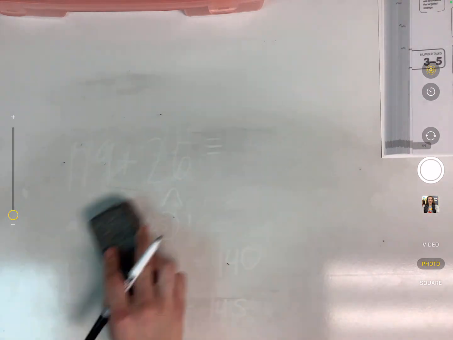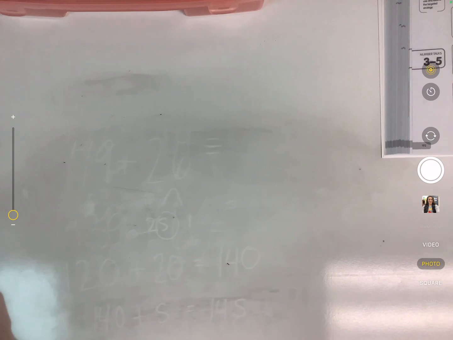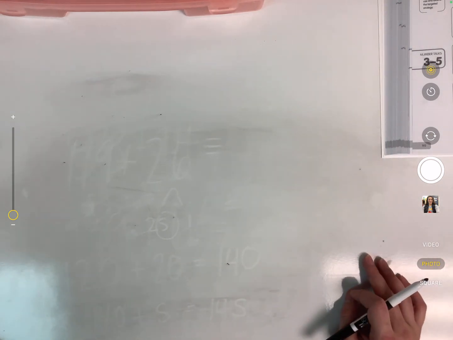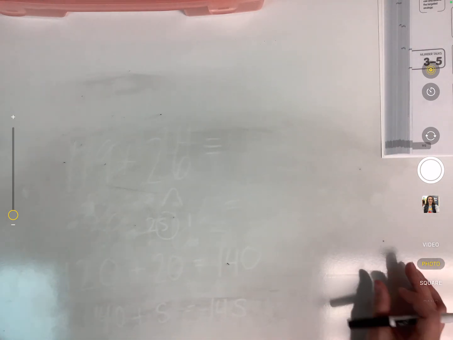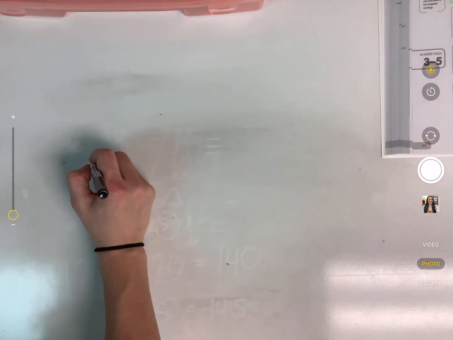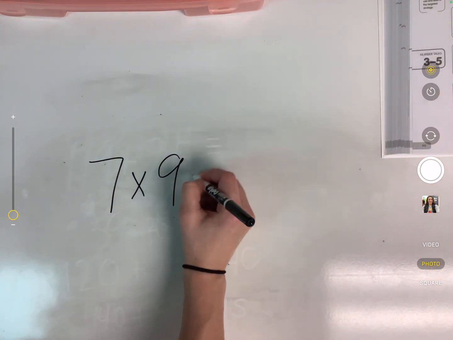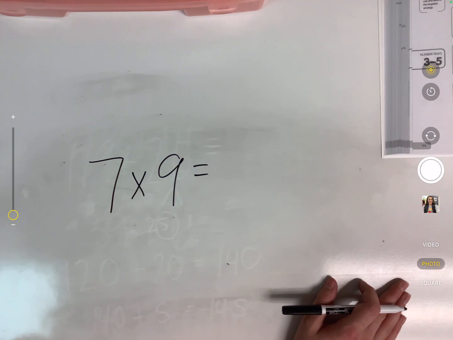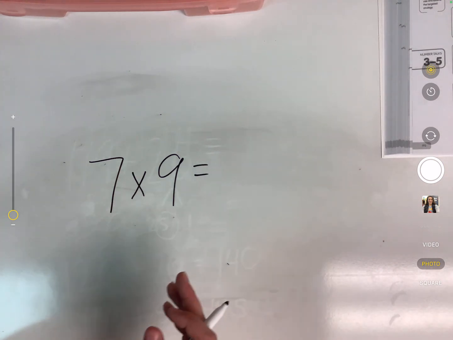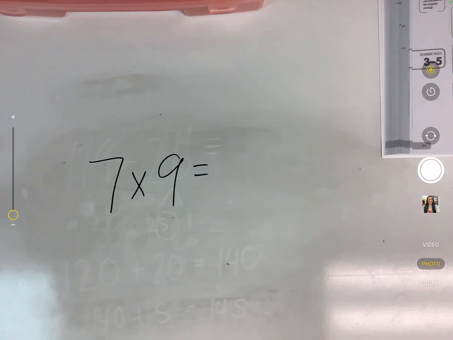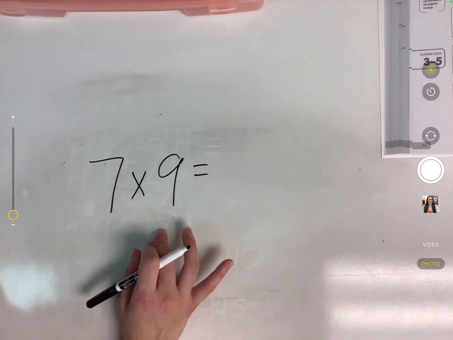All right, because now let's talk about grouping. Let's talk about multiplication for a minute. A lot of you have been working with multiplication, right? And what if I gave you this fact? Maybe you don't know that right away, maybe you do, but maybe you can think about what you do know in order to help solve this problem.